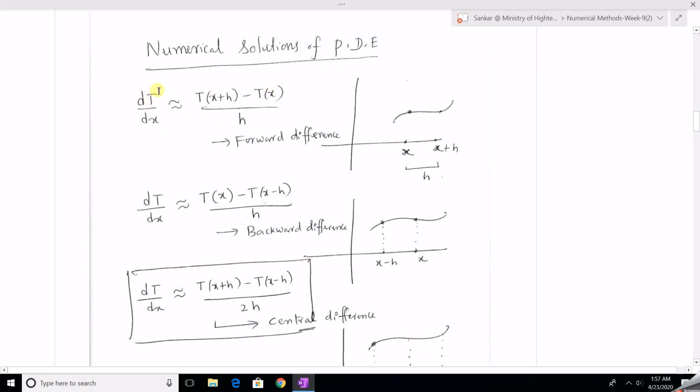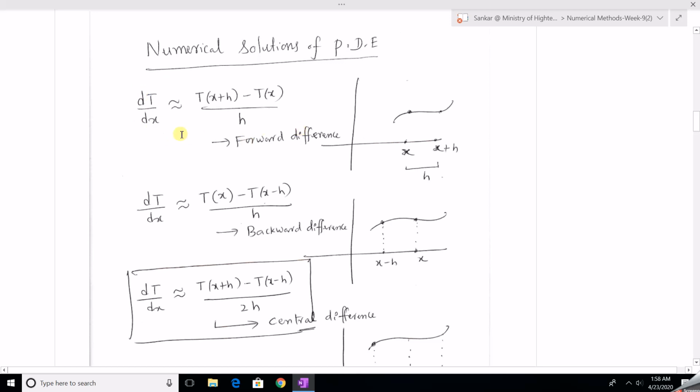If t is the dependent variable and x is the independent variable, the ordinary derivative dt by dx is approximated by t of x plus h minus t of x over h. And this formula is called forward difference approximation of the derivative dt over dx.